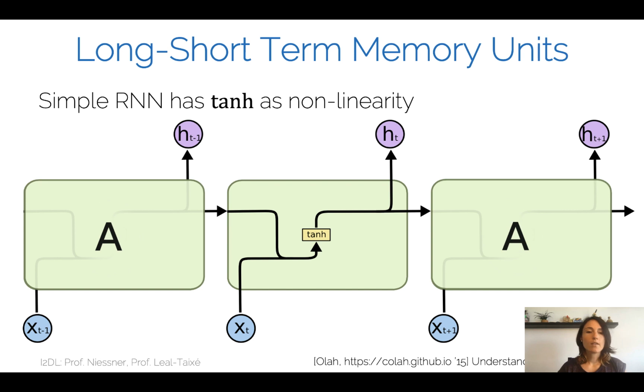And here we have an enlarged version of our hidden state A, which now contains this tanh nonlinearity in the middle. And we're going to see how to compose this hidden state for long short-term memory units.